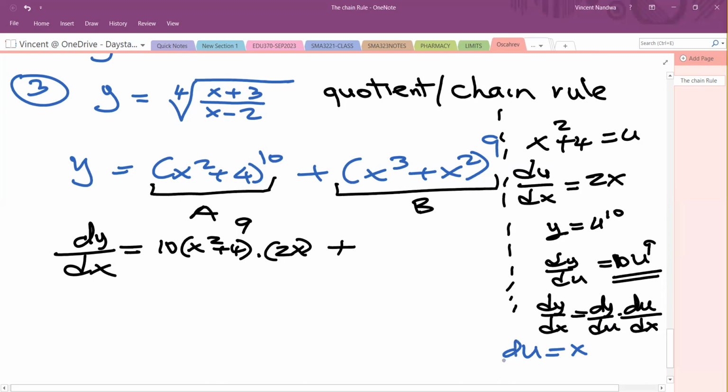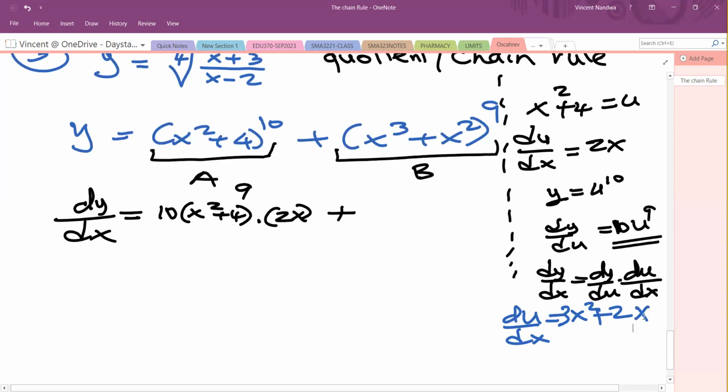So that is du dx, 3x squared plus 2x, okay? And then dy du. So it's like now this is u power 9, so 9 u power 8. Do you understand everything?